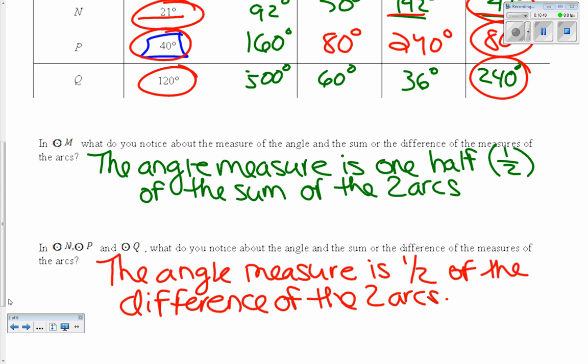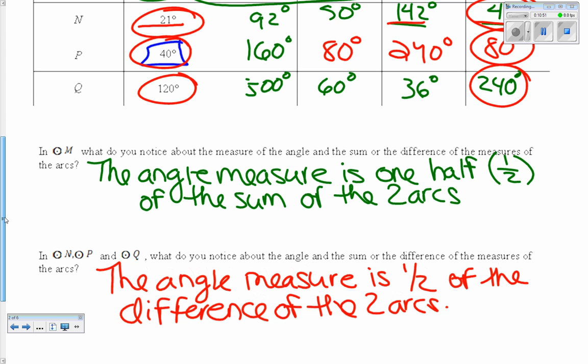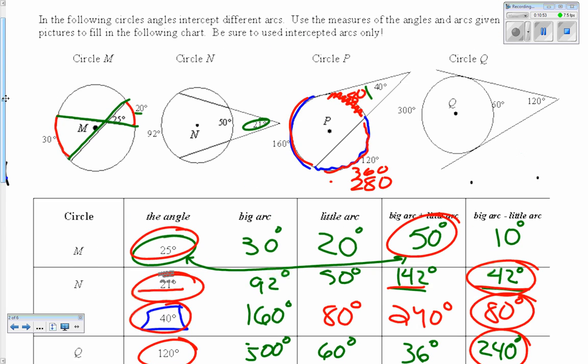It matters upon where the information is, what types of lines and chords and all that stuff you're looking at. In our first example, if you notice, they intersected on the inside, right here. In these, they're intersecting, and my angle is on the outside. Okay, so keep that in mind. We're going to use that in a moment.